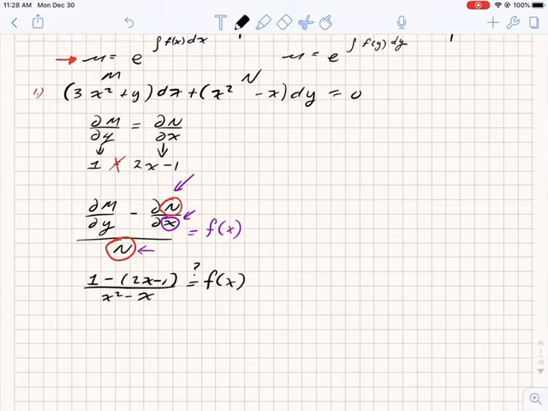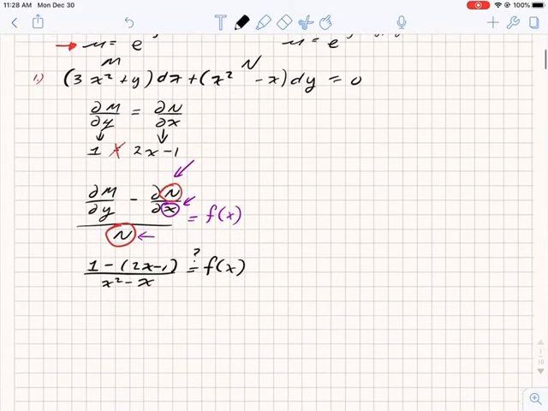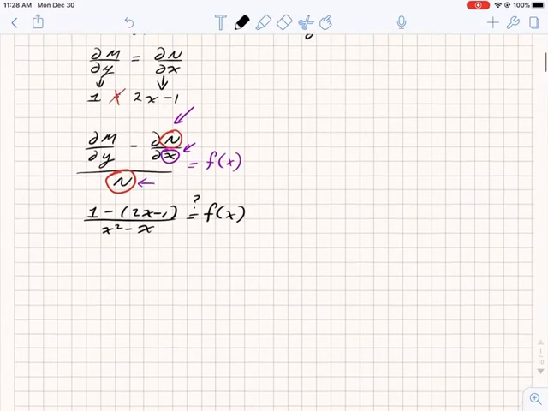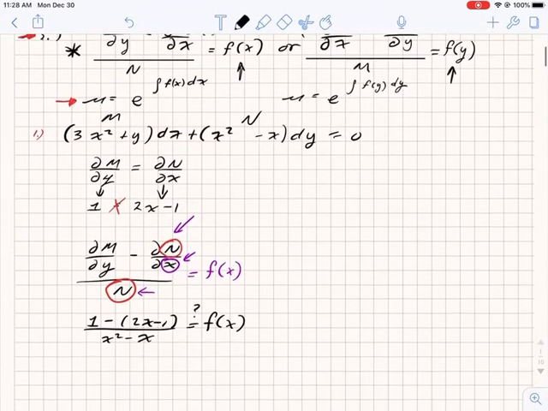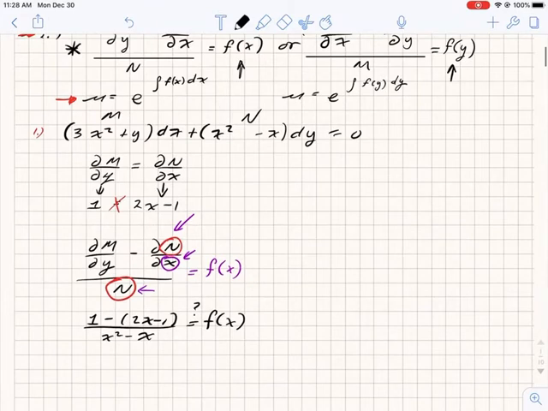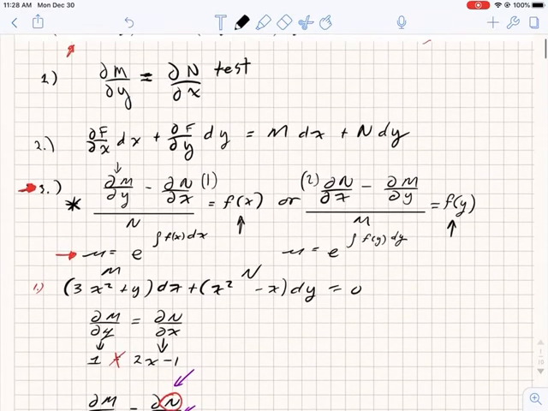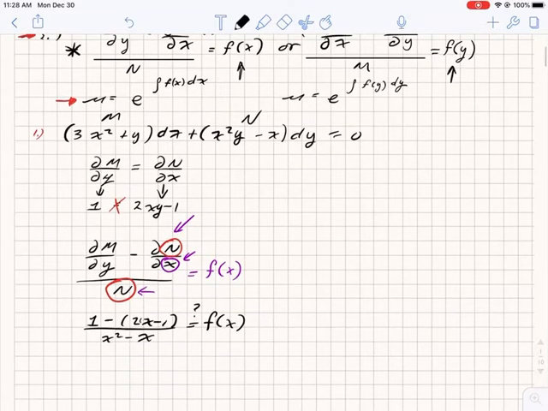The question is, does it equal an f of x function? Meaning, is there only x's in this function? And it looks like we're missing a y right here. So that there's a y right here.